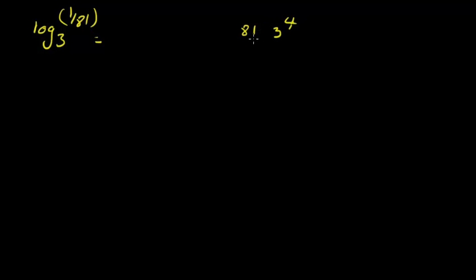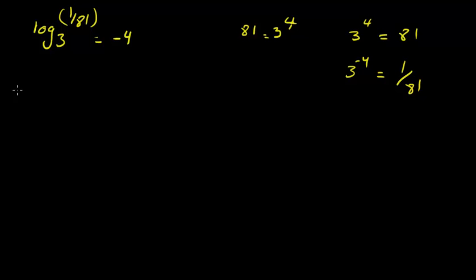So in exponent form, 3 to the 4th power is equal to 81. But this one is 1 over 81. Based on the exponent rule, whenever our exponent is negative, we put it in the denominator. So we'll have 1 over 81. Log 3 of 1 over 81 is minus 4.